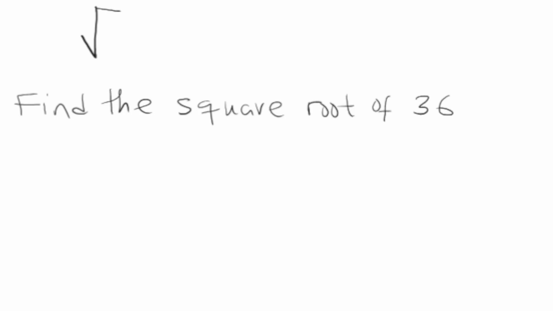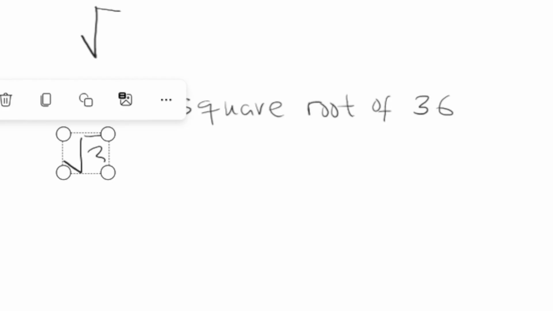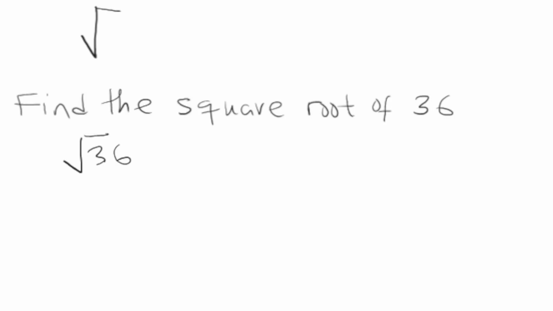So if the question said find the square root of 36, then you're going to get square root of 36, which is going to give you square root of 6 times 6, which is going to give you square root of 6 squared, and then this square is going to cancel this square, and then your answer will be 6.